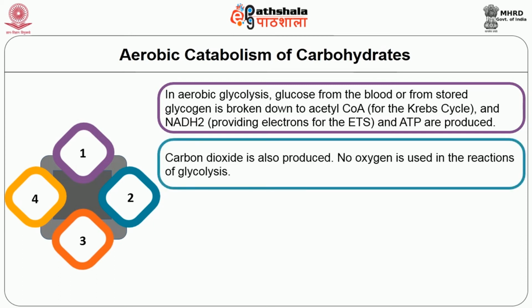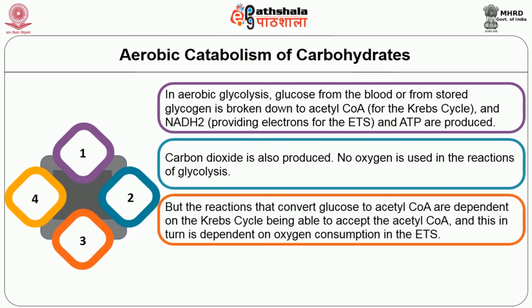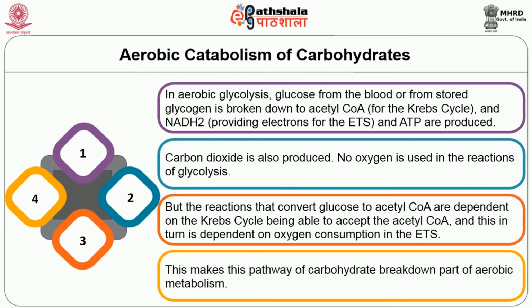No oxygen is used in these reactions of glycolysis, but the reactions that convert glucose to acetyl-CoA are dependent on the Krebs cycle being able to accept the acetyl-CoA, and this in turn is dependent on oxygen consumption in the ETS system. This makes this pathway of carbohydrate breakdown part of aerobic metabolism.